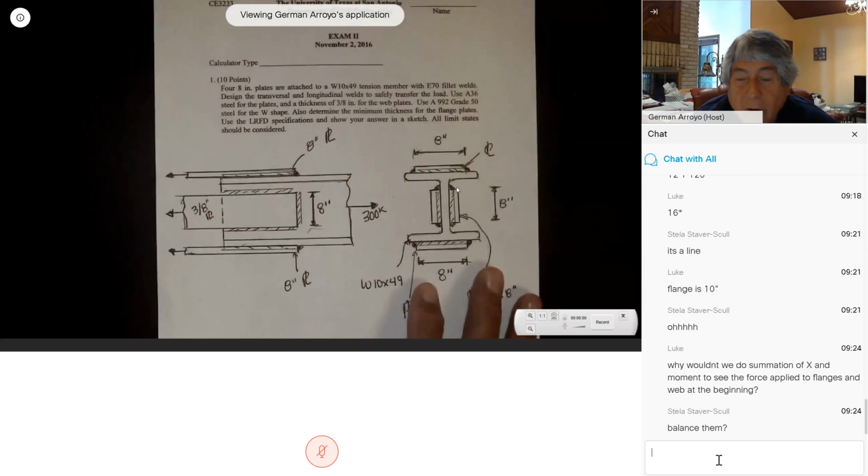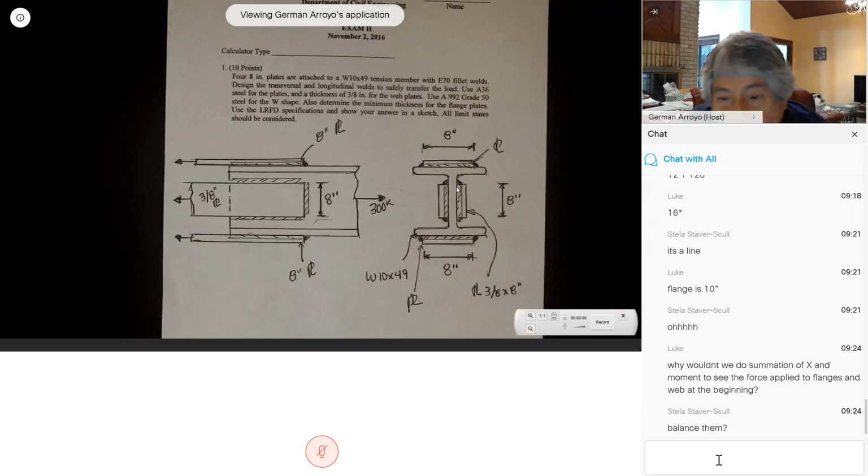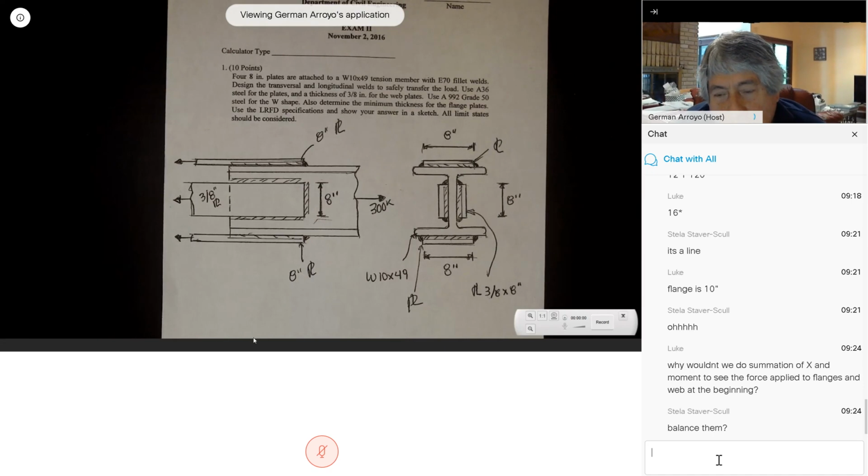We only balance whenever we had an angle. Whenever we had an angle, I'm going to put the angle in here.